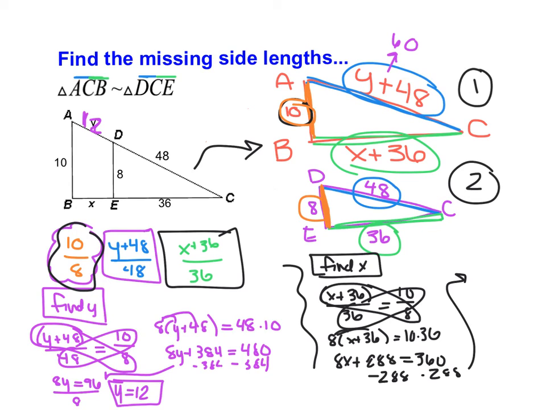So we have 8x is equal to 72. Divide both sides by 8, and we find x is equal to 9, which again, if we go back to our picture here, that would mean that this side length here is about 9, which makes sense. And then this side length here, this x plus 36, would actually be 45. So that to me all makes sense.